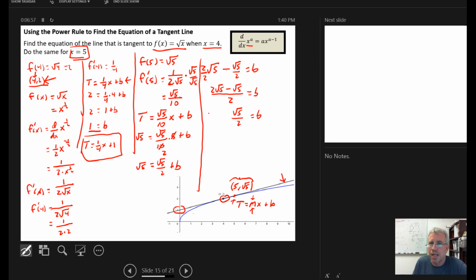And then we can update our tangent line formula. So the tangent line at the point (5, square root of 5) is going to be given by the square root of 5 over 10 times x plus b, but b is just the square root of 5 over 2.